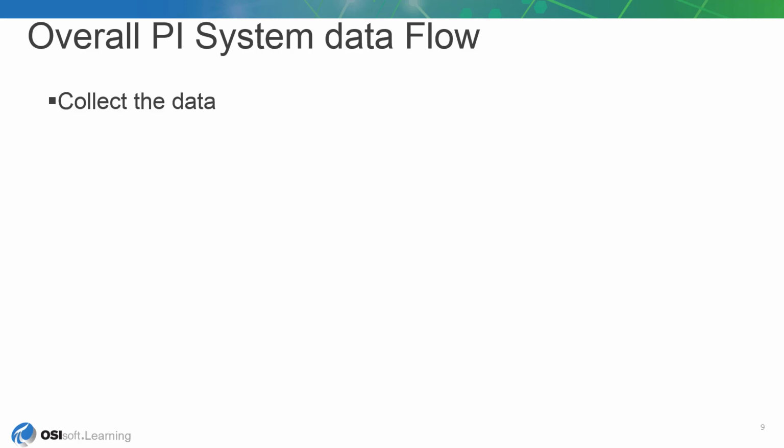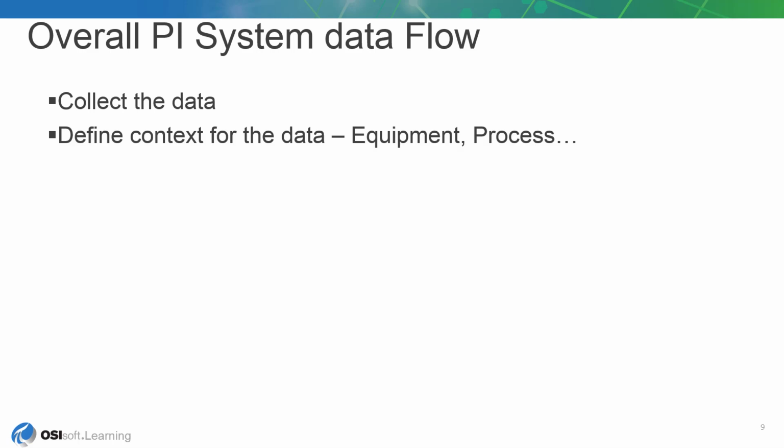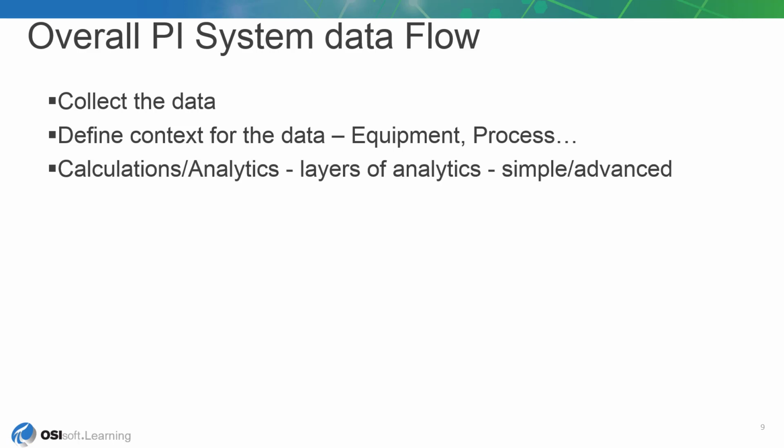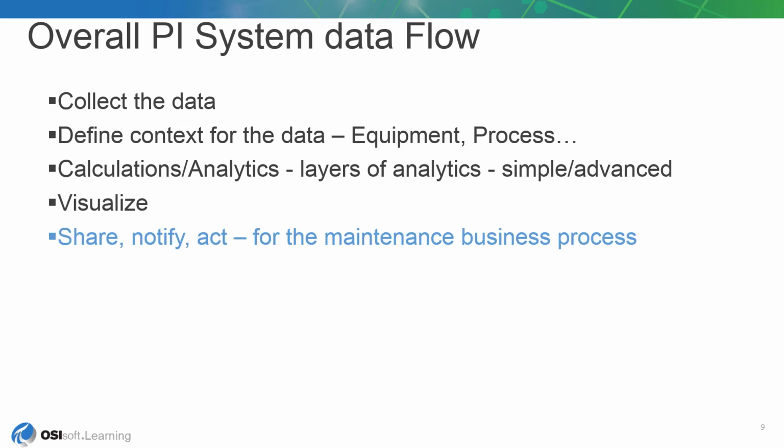And most of you also know this data flow sequence. Collect the data, define the context, which is mostly AF data models, do the calculations, we are referring to asset analytics, visualize in PI Vision, then share, notify, and act.